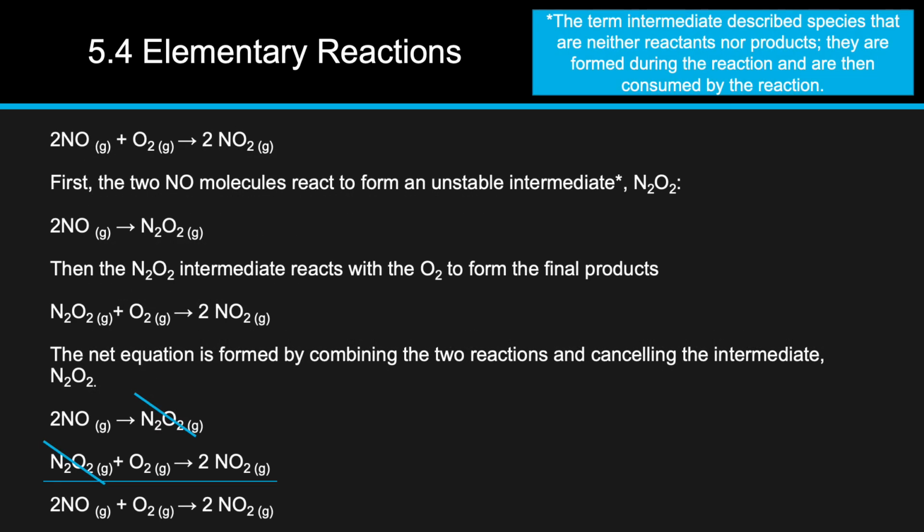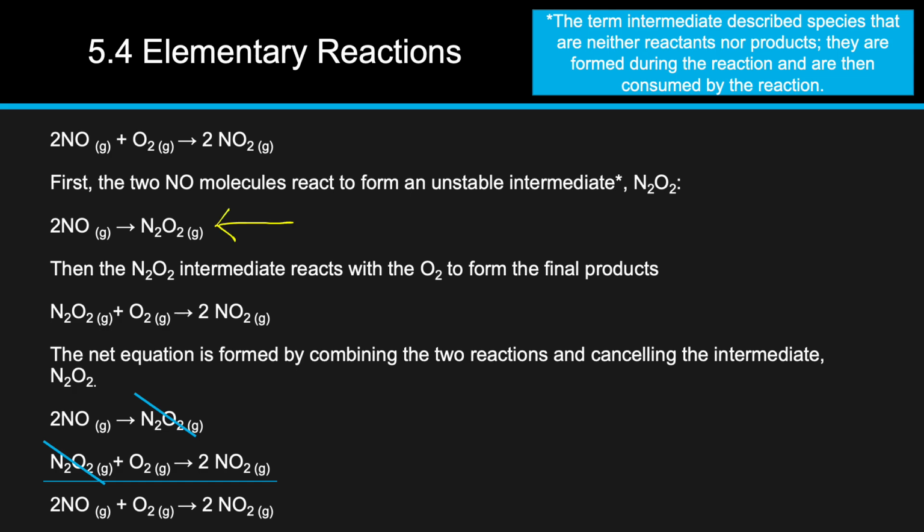So even though this overall reaction suggests that all of the collisions happen at once, that's not actually the case. Instead, it happens through a mechanism made up of 2 elementary reactions. In the first step, 2 NO molecules collide to form an unstable intermediate.